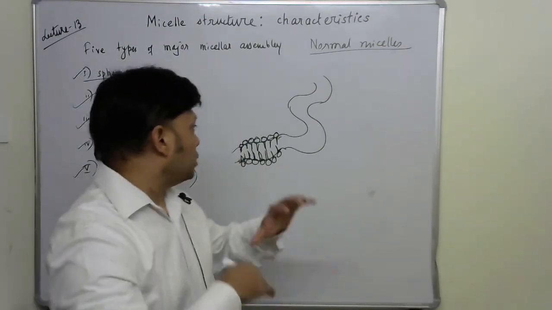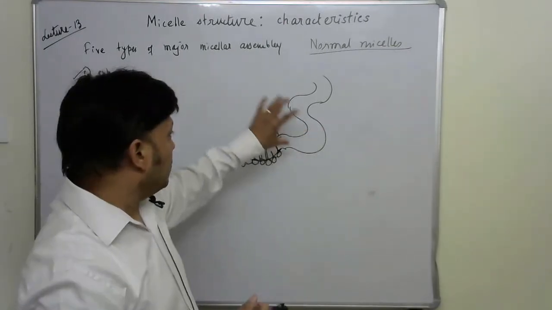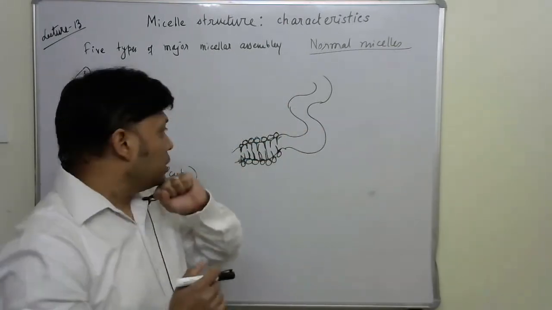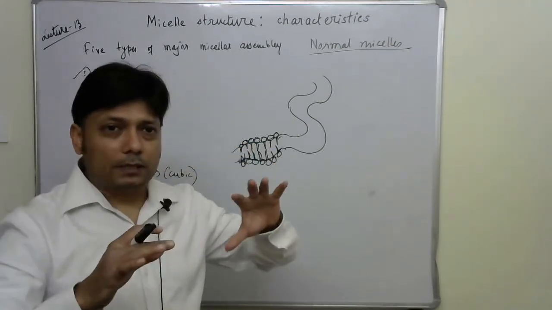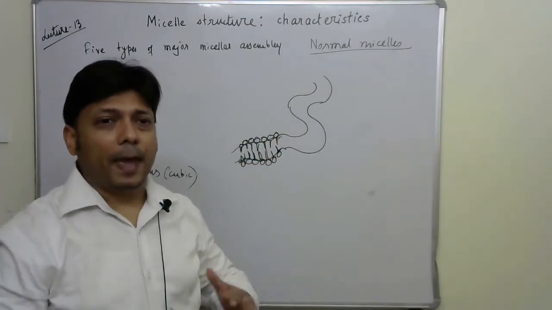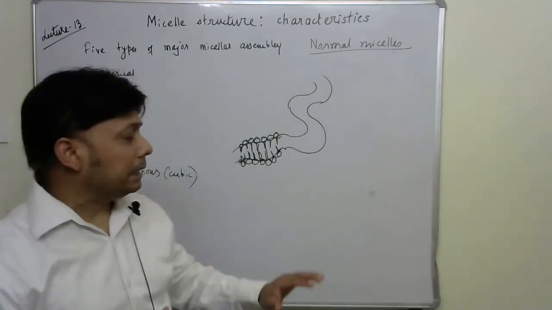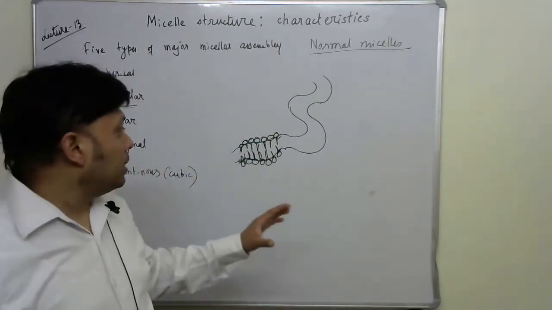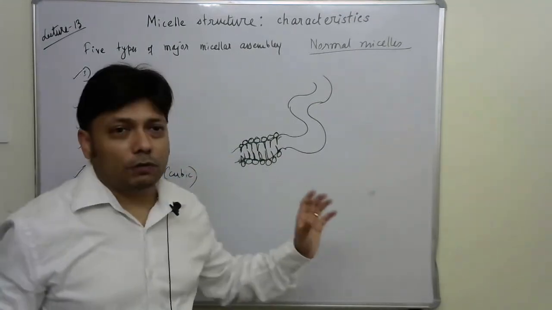So it takes a shape in such a manner that in every twist and turn they form some hollow spaces. Those hollow spaces, very unusually in 3 dimensions, pack up in a particular manner, and in this case it usually packs up with a cubic symmetry. So that's why it's called a bicontinuous cubic phase.